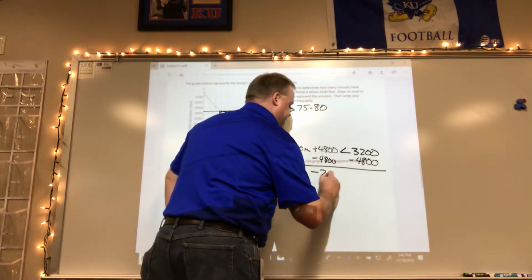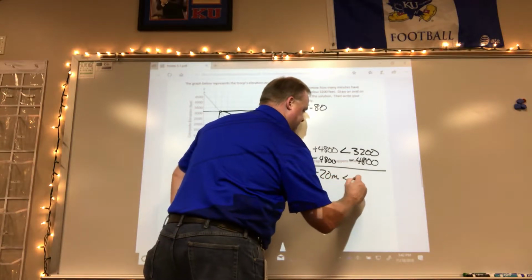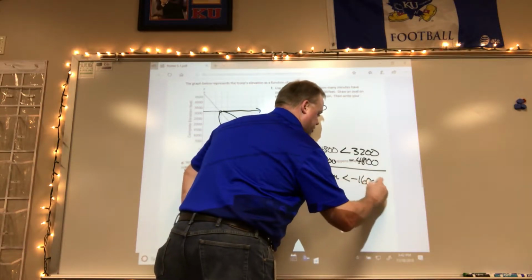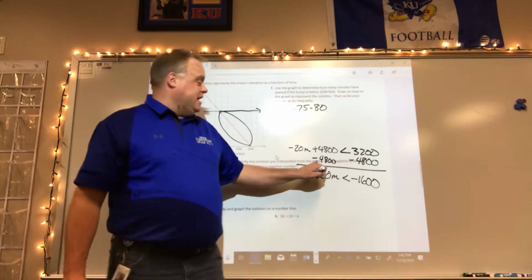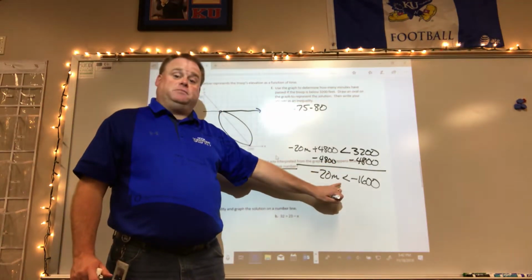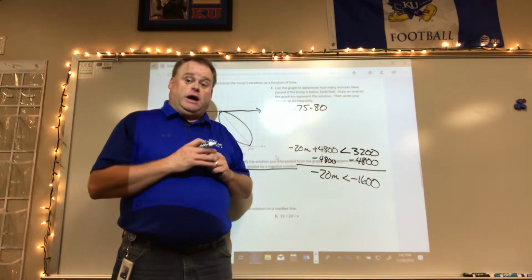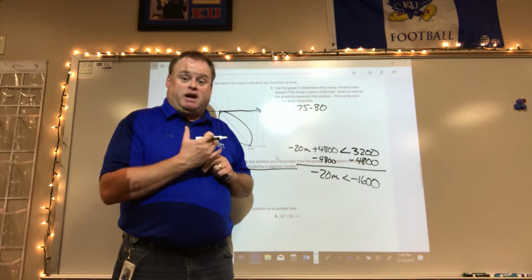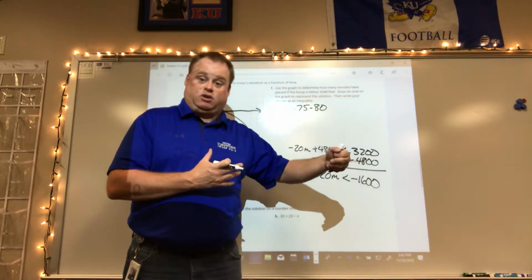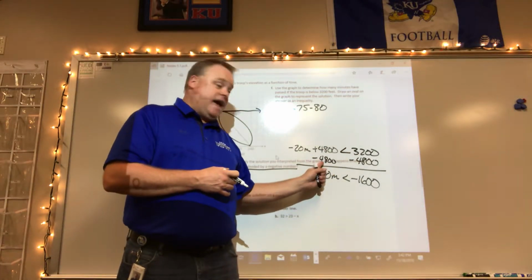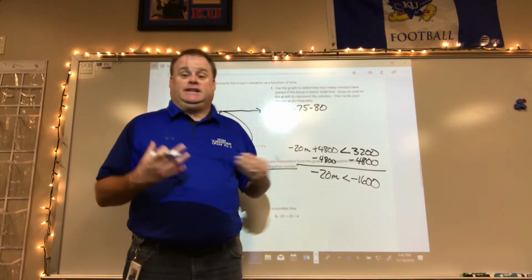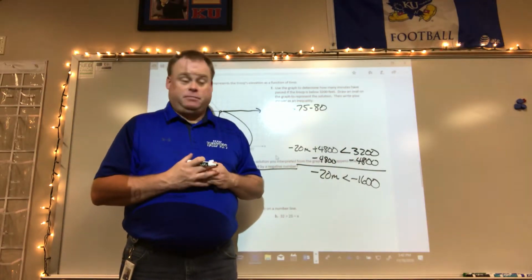So I should get negative 20m is less than negative 1,600. Notice I subtracted across and didn't flip my inequality. Remember, I only flip the inequality when I divide or multiply across the inequality. I can add or subtract across it and it doesn't affect it, okay?